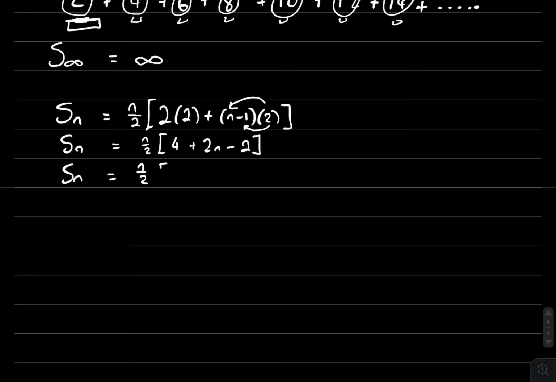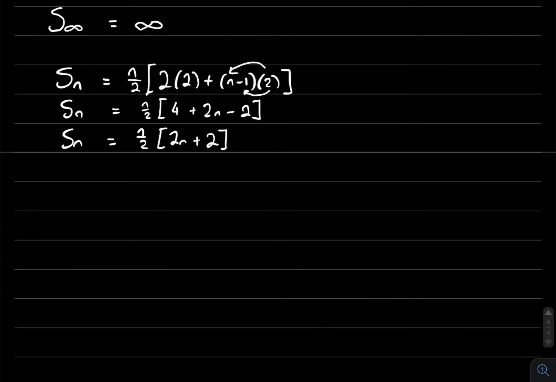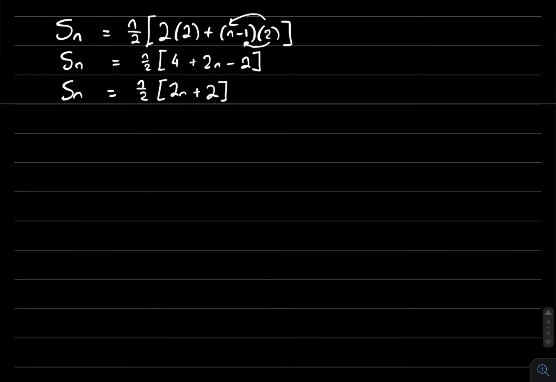Sn is equal to n over 2 into 4 plus 2n minus 2. Simplifying this in our last step, Sn should be equal to n over 2 times 2n. Our 2's will cancel there. We get n squared. Then on n over 2 times 2, 2's cancel again. We just get n. Okay?